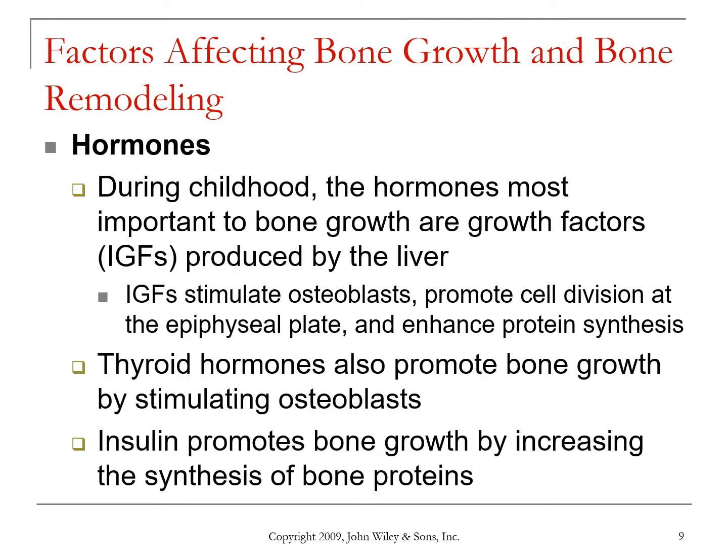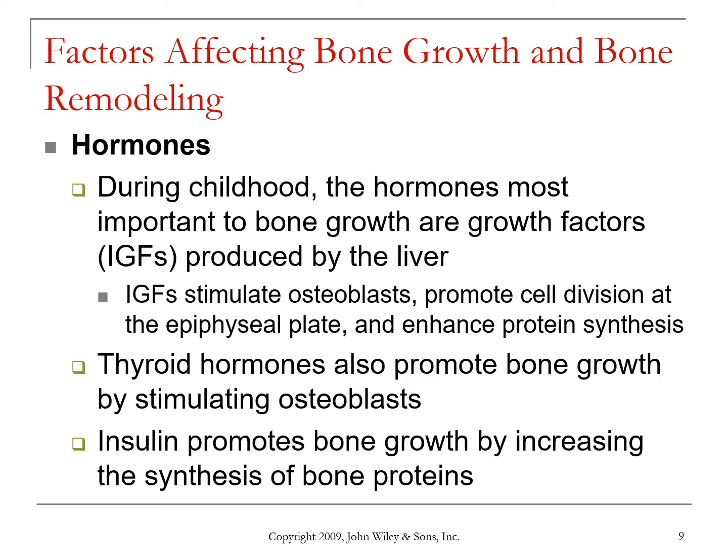Proper bone homeostasis also requires hormones. Now, during infancy and childhood, the hormones that are most important to bone growth are called insulin-like growth factors, IGFs, and these are produced mainly by the liver in response to the hormone, human growth hormone, from the anterior pituitary.